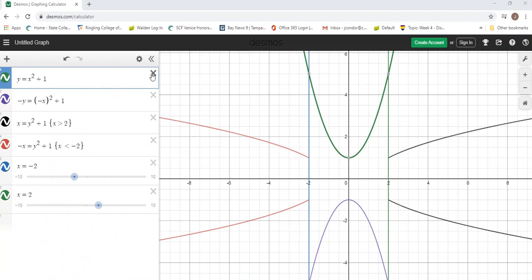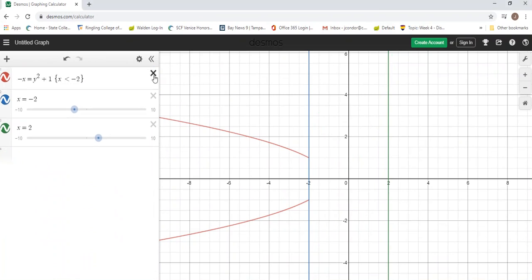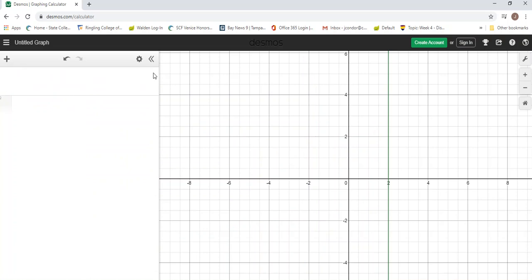And we're going to start out here. And again, in Desmos, we don't write the x equals, we just put in the other part.